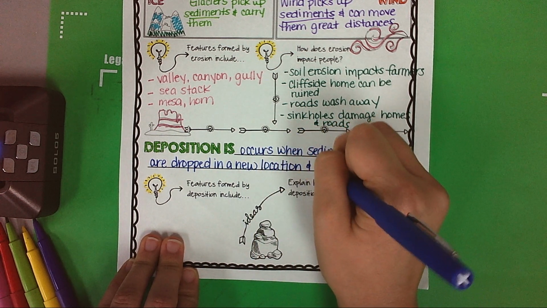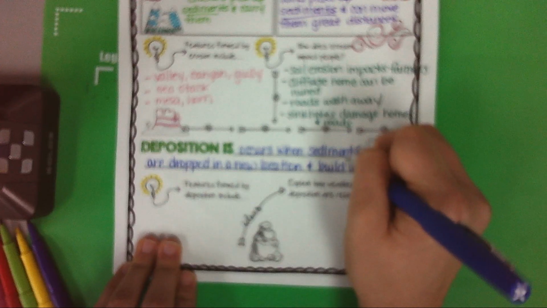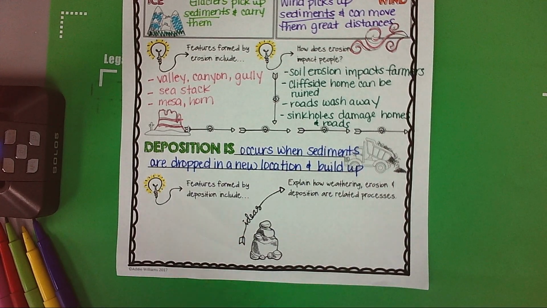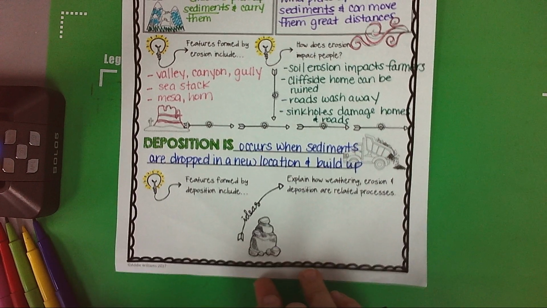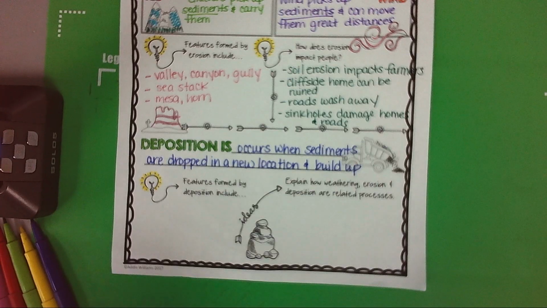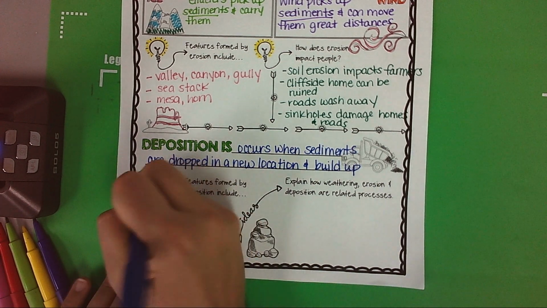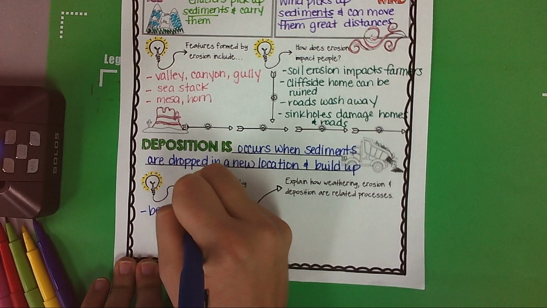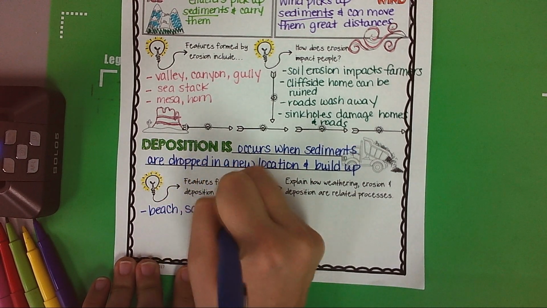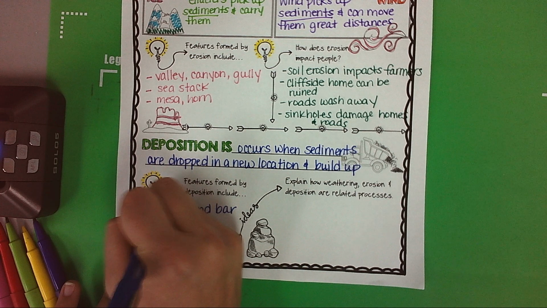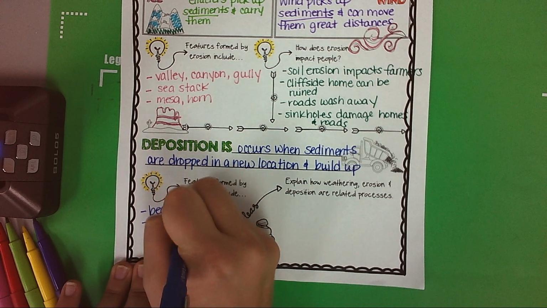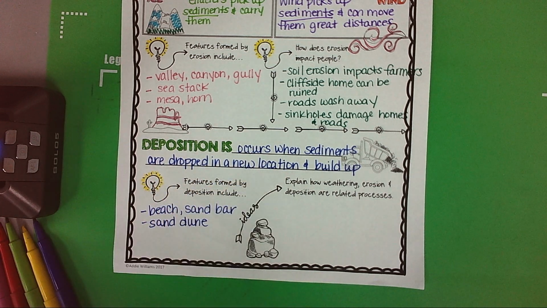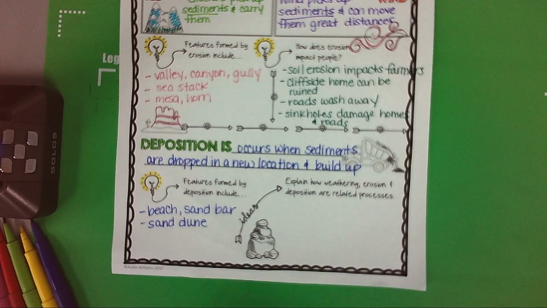And they build up, they pile up. Okay, so deposition is when sediments are dropped in a new location and they build up. So features that are formed by deposition: the beach is actually formed because, or you can look at the sandbar, where the sand piles up. Sand dunes, that's deposition. The sand was carried by the water and then it sits there and it piles up. So that's deposition.